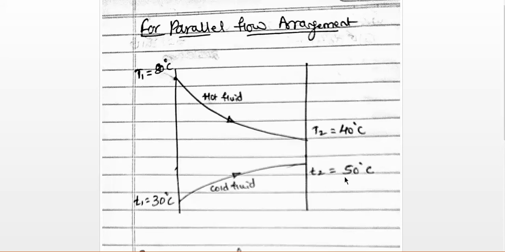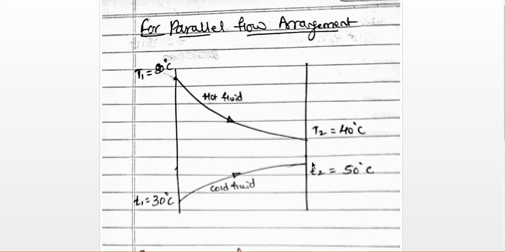At the exit you can observe the temperature of the hot fluid is 40 degrees Celsius, whereas the temperature of the cold fluid is 50 degrees Celsius. This is not possible because the temperature of the hot fluid is less than the temperature of the cold fluid. This is not possible in a parallel flow heat exchanger.